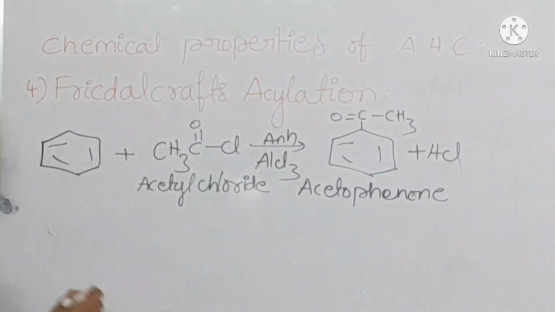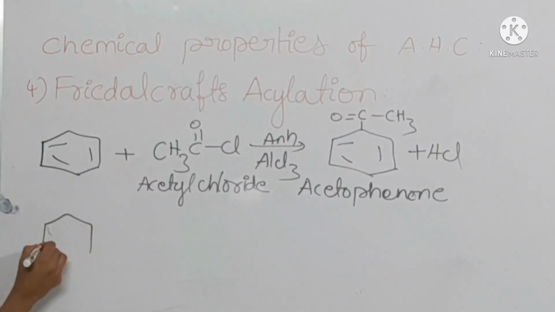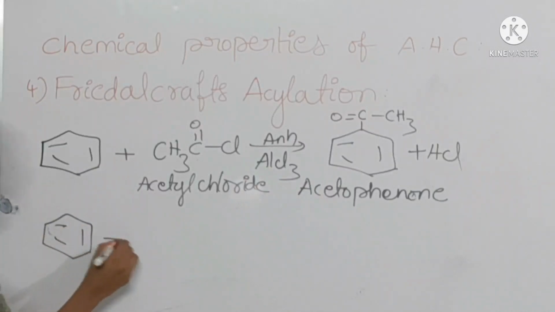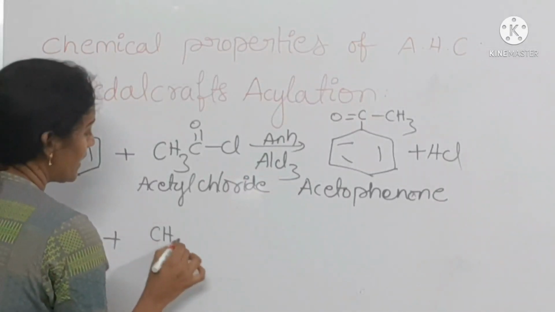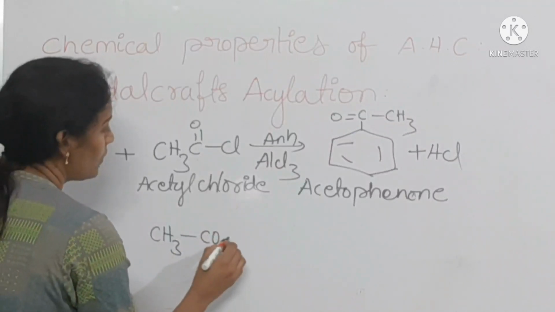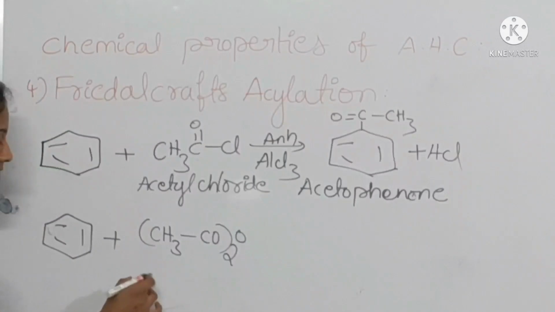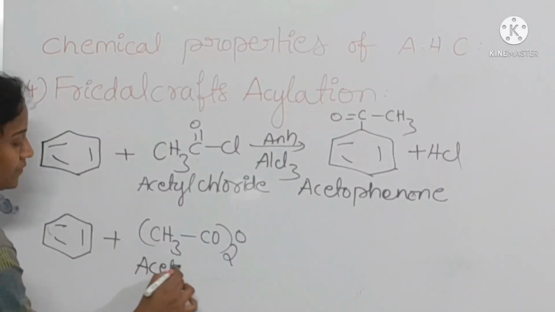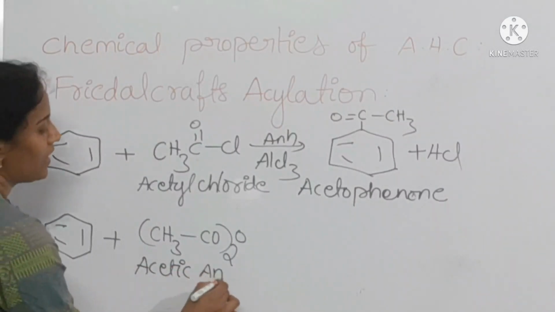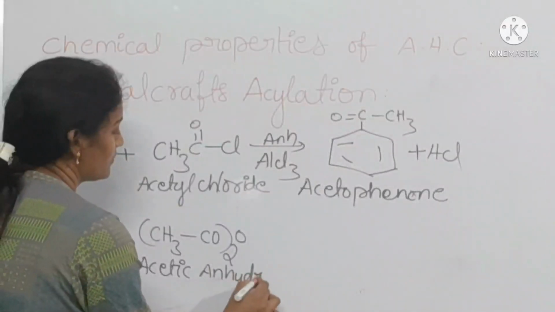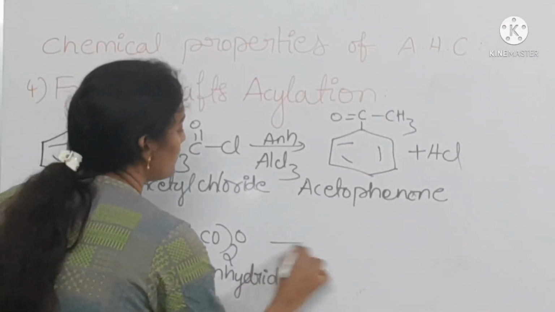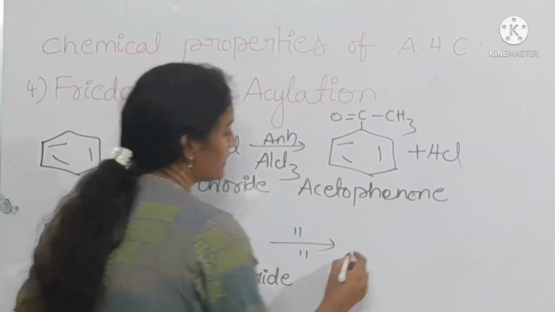Coming to the next one, benzene reacts with acetic anhydride, (CH3CO)2O. This is the acetic anhydride, in the presence of the same anhydrous AlCl3.